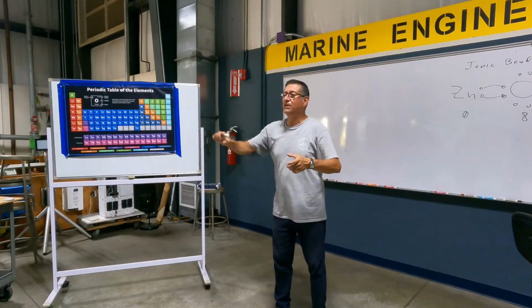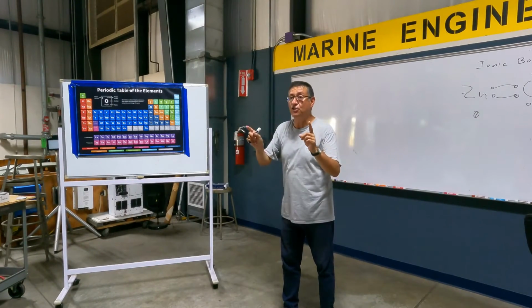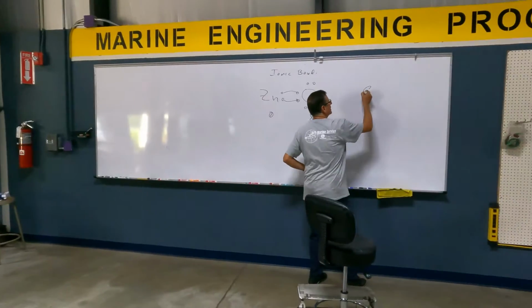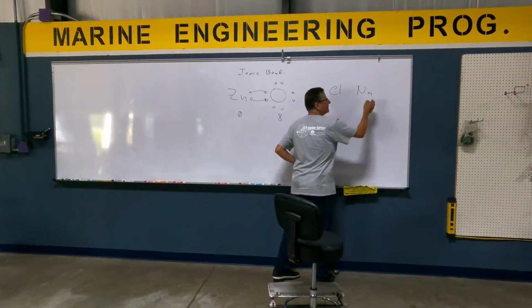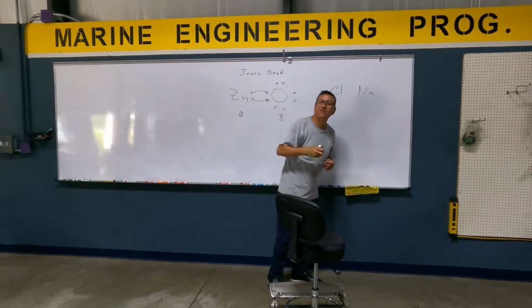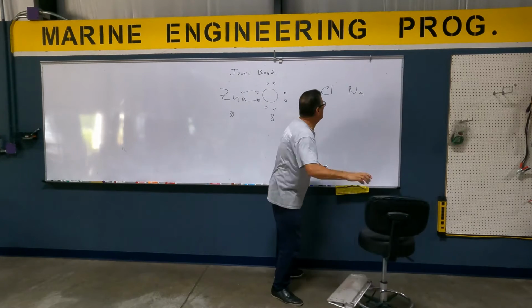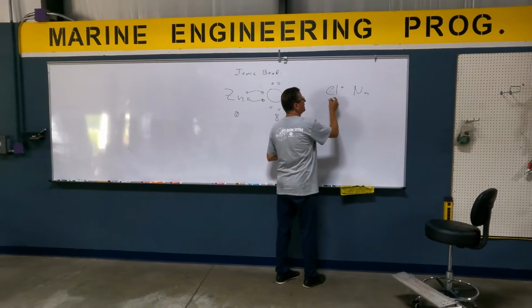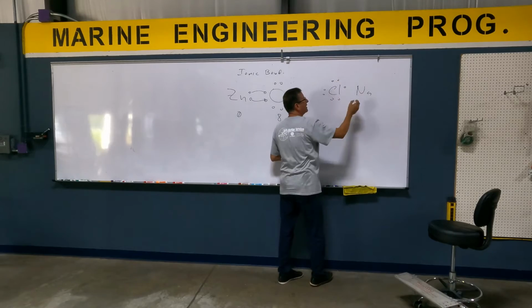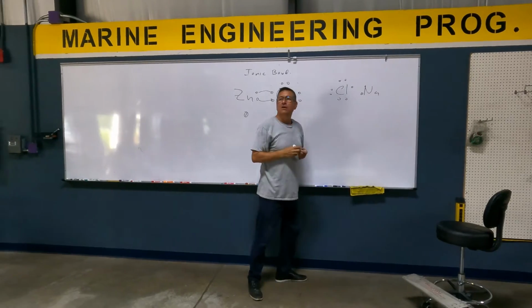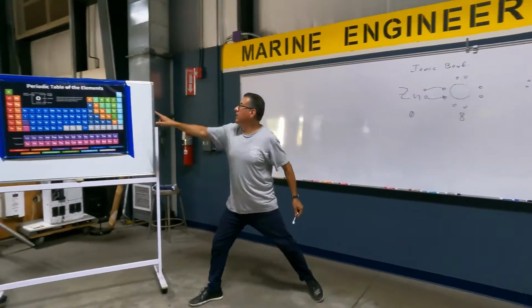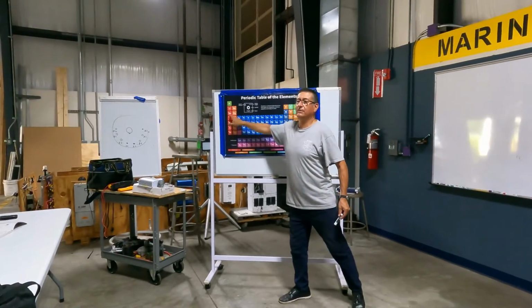Another good example is salt. It's chlorine and sodium. You remember? The salt that you use every day in your home. How many electrons does chlorine have in the last orbit? 7. And sodium has 1. Which one has more energy between chlorine and sodium?